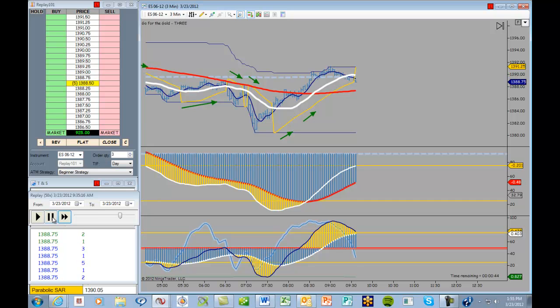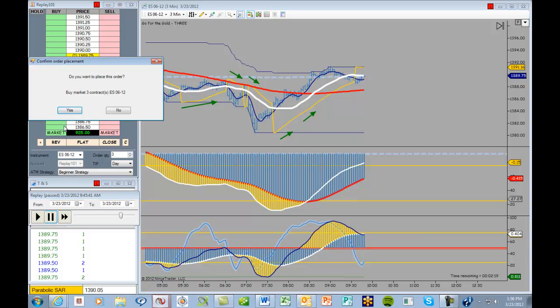Okay. Notice our stochastic is approaching the oversold zone. Once it turns around and starts to come back out like that, that's when we want to get long.